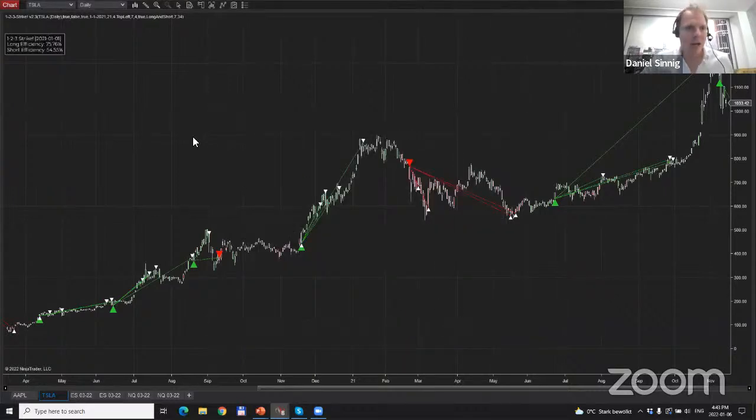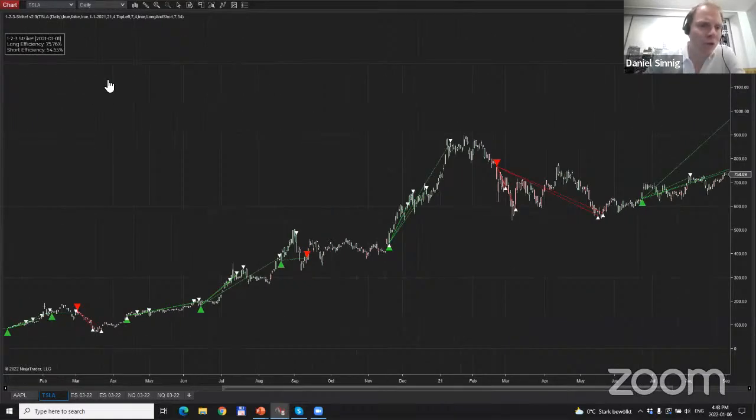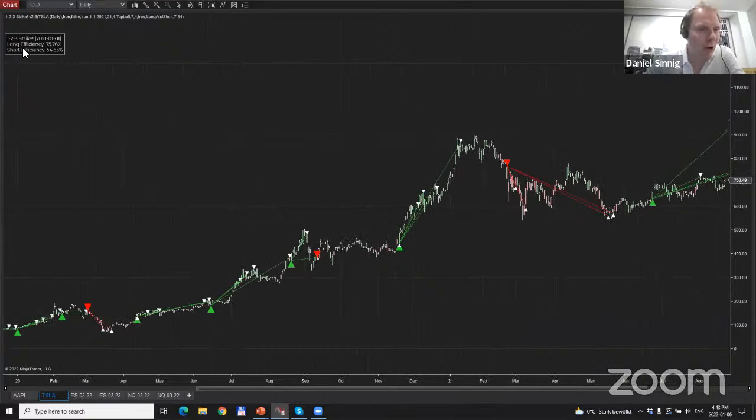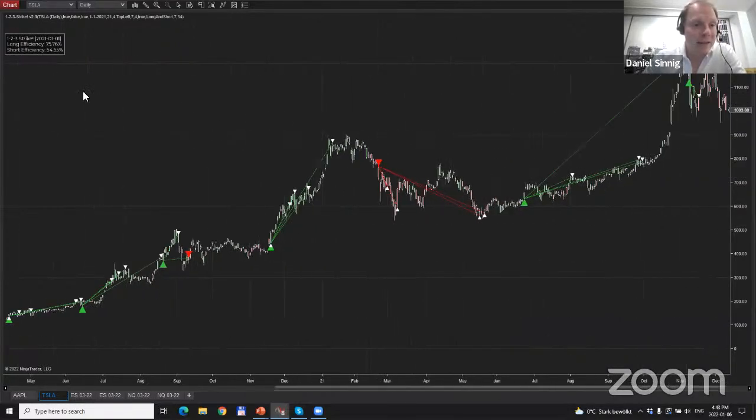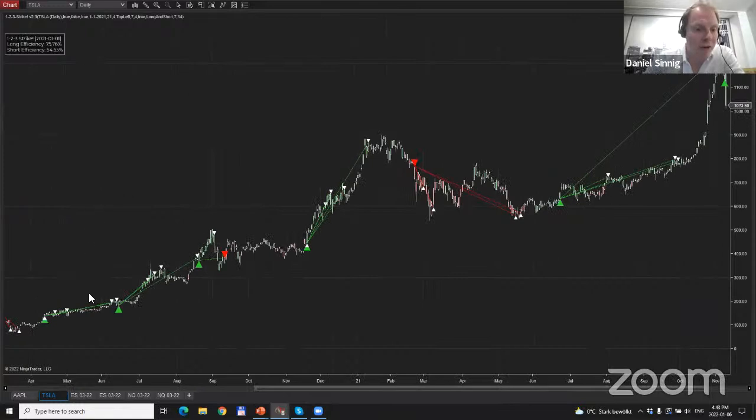Once enabled, you will see this little box up here, which will show you some numbers. It shows you a number called long efficiency and another called short efficiency. And this is for the look back period, which started at the beginning of 2021, and shows you how many of our signals, based on this historical data, would have been winners versus the overall number of trades.